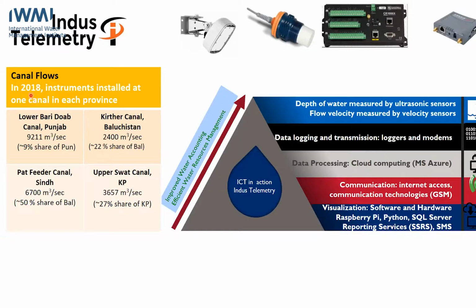For canal flow, as I mentioned earlier, we started in 2018. And we started with one canal in each province. So in Punjab, we installed our first instrument in Lower Bari Doab Canal, which is a large canal in Pakistan. About 9% of the share of Punjab is withdrawn in this one canal.